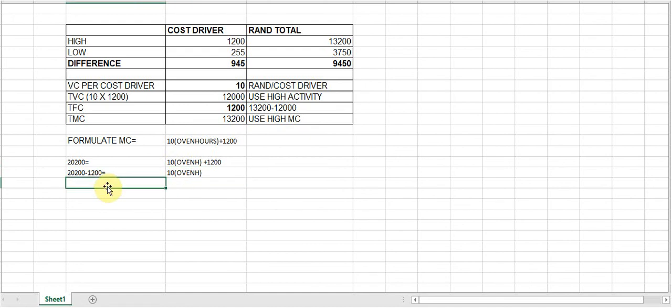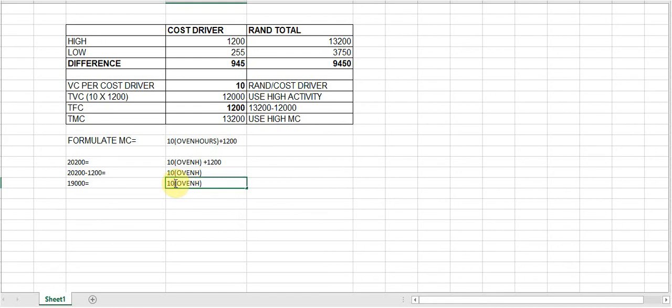We need to then say 20,200 minus 1,200 gives us 19,000, and that should be equal to 10 oven hours. We want to get rid of the 10, so what do we do?